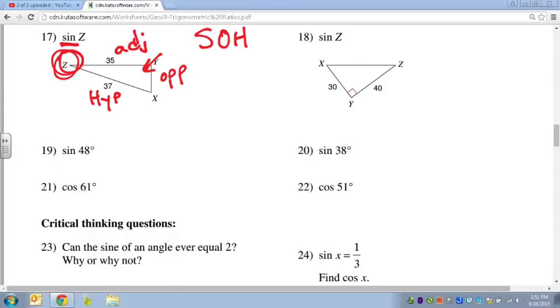Well, if I know two sides of the triangle, so I know that this is 35 and that's 37, to find the missing side, wouldn't I do Pythagorean theorem? Yes, I would. Because don't I know that a squared plus b squared equals c squared? In my triangle, the a and b are the legs and c is the hypotenuse.